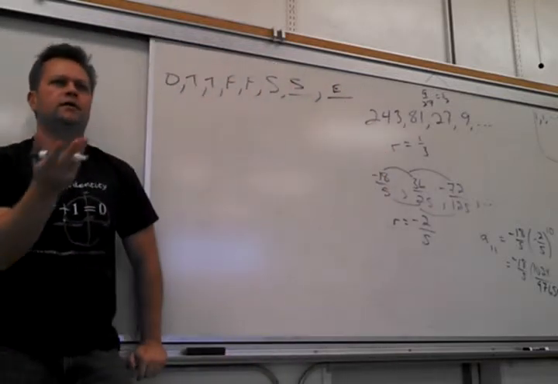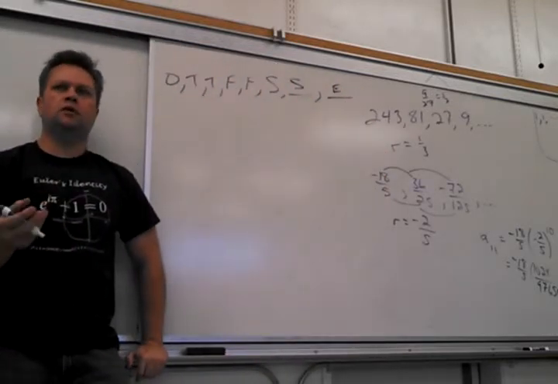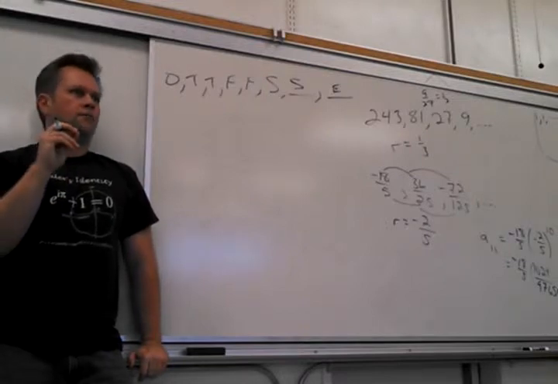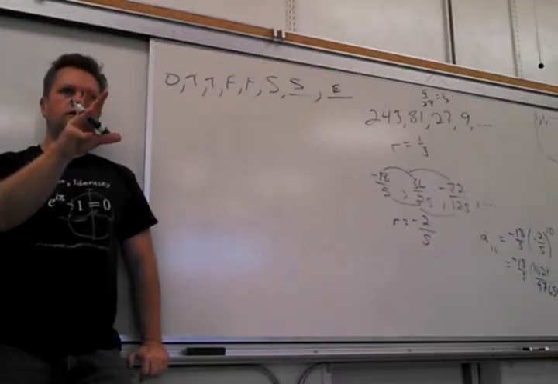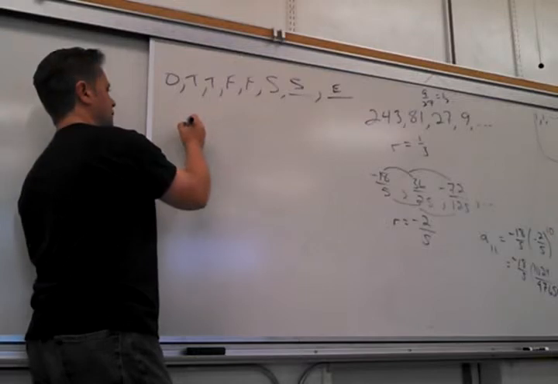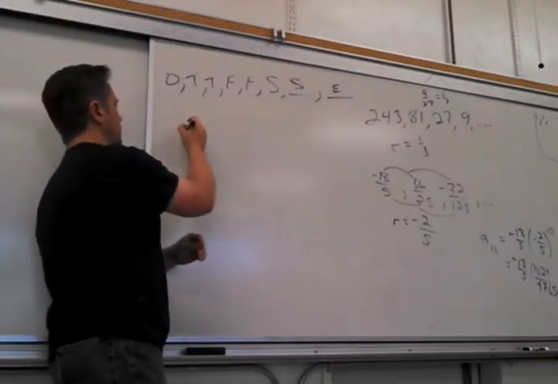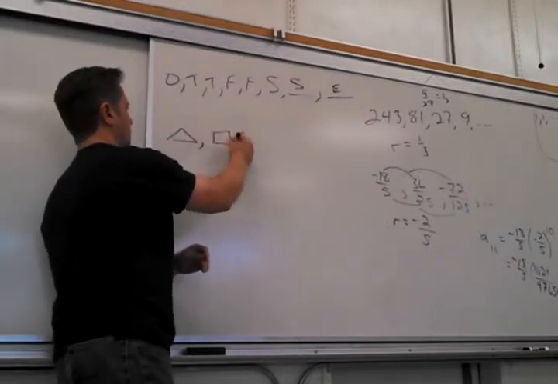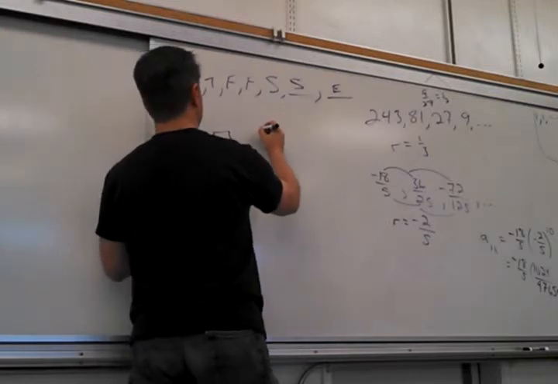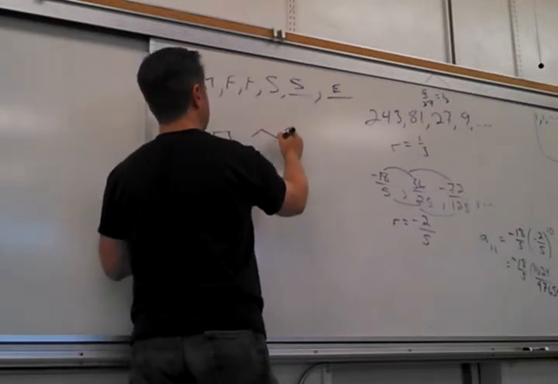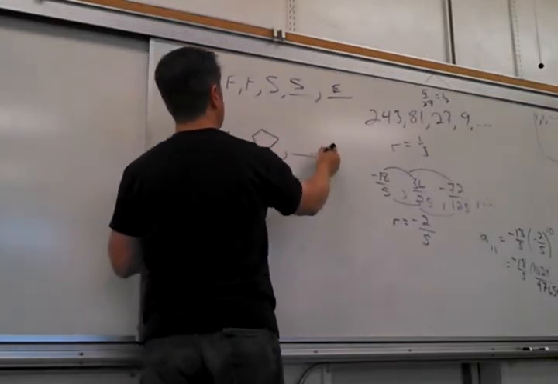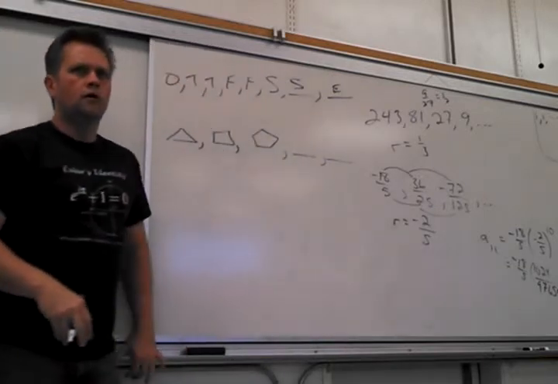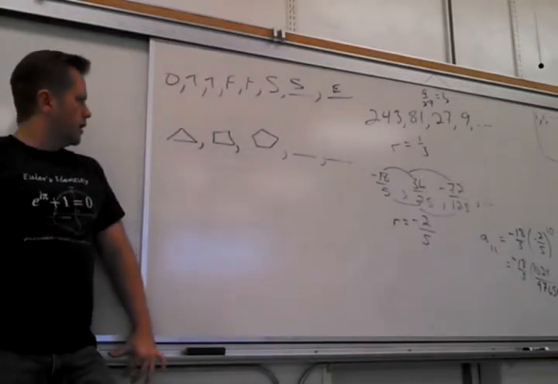And this is one example of how a sequence could be visual. So I could have a sequence like this. What you got, Jeff? What would happen in that sequence?